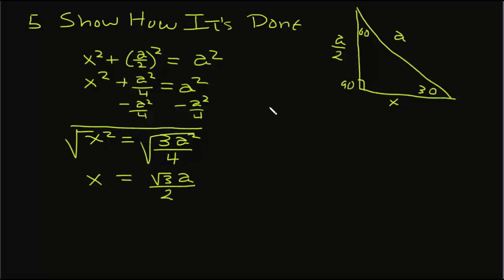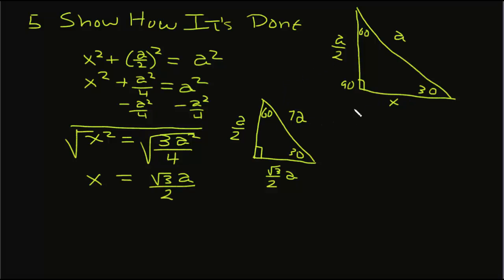So now our triangle looks like this with its sizes indicated. We've got here 1a, here we've got the square root of 3 over 2 a, and here we've got a over 2. Since we're interested in every 30, 60, 90 triangle, not just this one, we can divide all the sides by a to get the pure proportions.